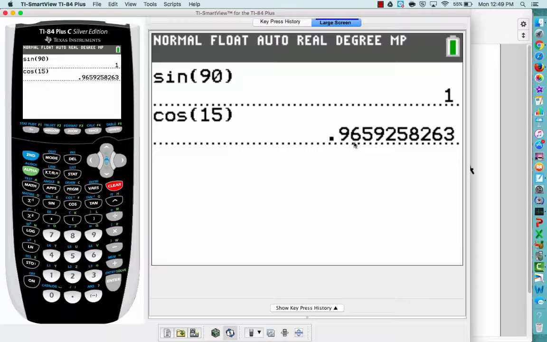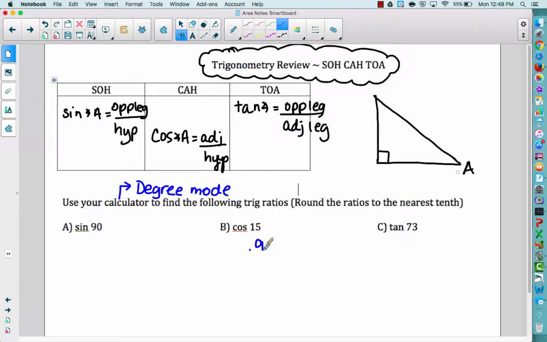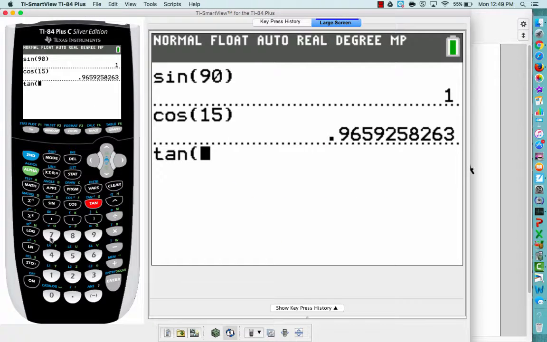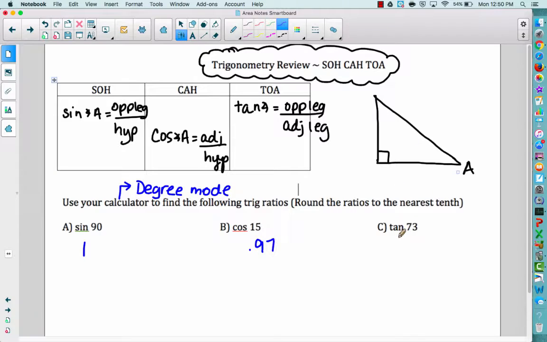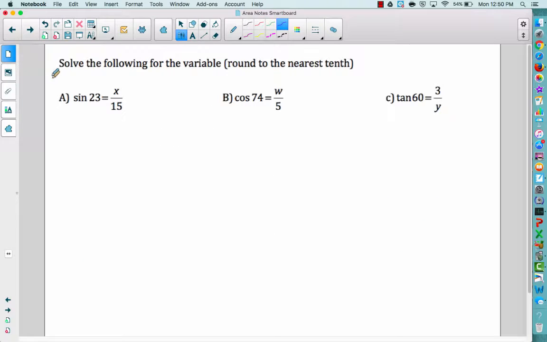Round to the nearest hundredth, so 0.97. And tangent of 73 equals, again, we're getting the ratio, 3.3. All right, so we have to remember how we solve equations when they involve trig.